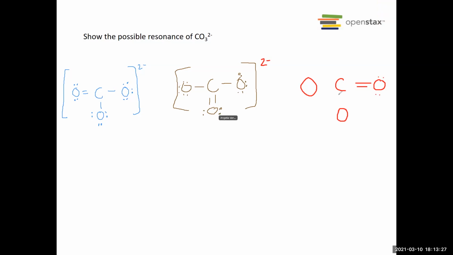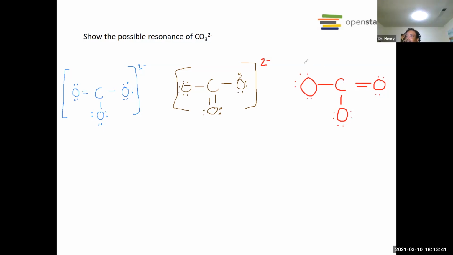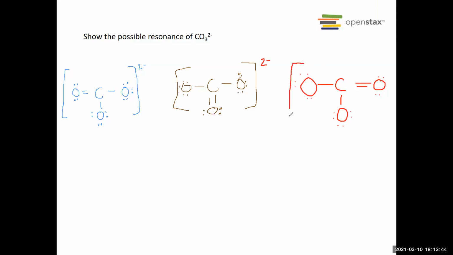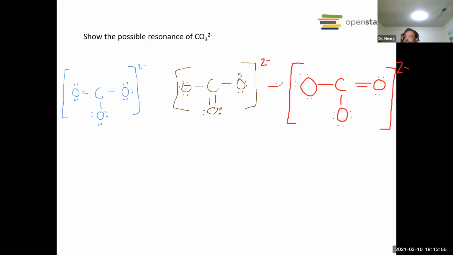The other 2 oxygens just have a single bond and have 6 electrons, which is 3 pairs. And then the brackets, and -2 on the upper side. So that's it. These are your resonance structures, and the arrows are just to remind us that they're resonance structures. Questions, concerns, catch?